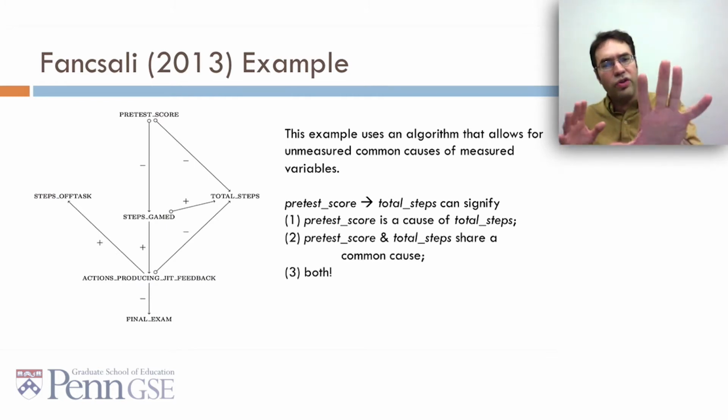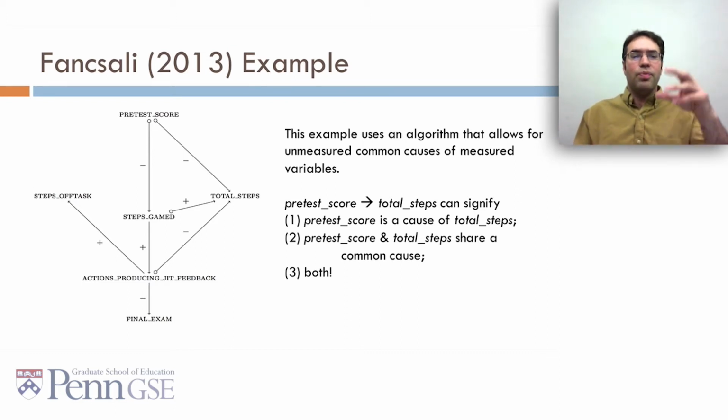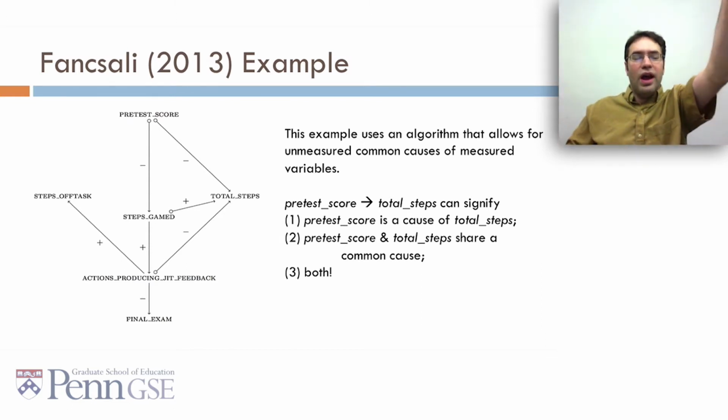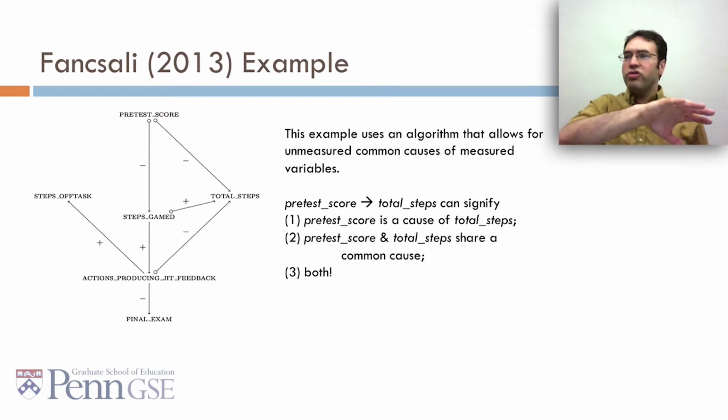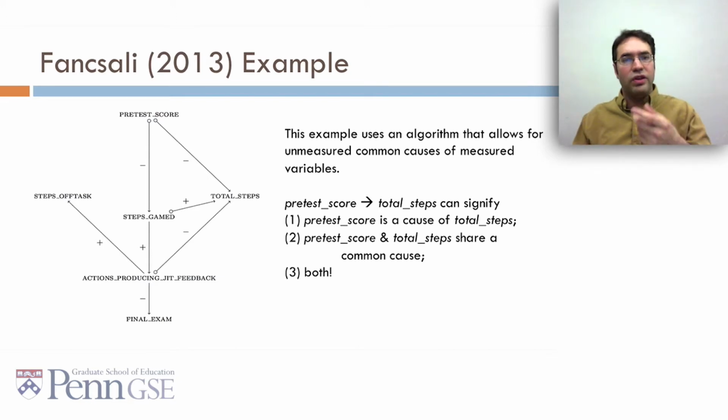So the important thing is when you're looking at this kind of graph, or writing about it, make sure that you're very clear that the pretest score and total steps might be coming from the same common cause as much as pretest score may be influencing total steps. This is an example of you don't just want to publish a graph, you actually want to explain what the graph means, and to do that you gotta understand what you're doing. Causal data mining, even more than other methods in this class, is not just a method you should use if you're clueless. Learn what you're doing and make sure to do it right, because you can do some silly things.